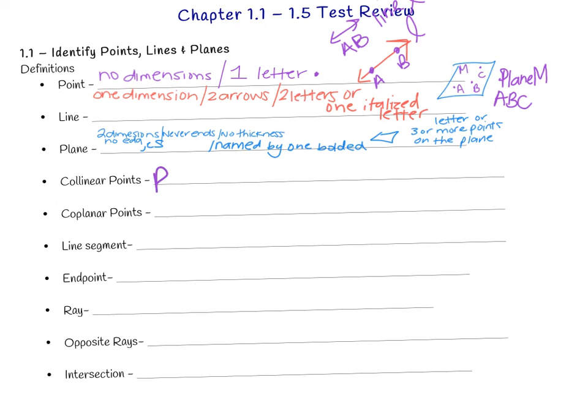Points that lie on the same line. So it's not going to ask you to define collinear points. It's going to ask you, based on this figure, give me 3 collinear points.